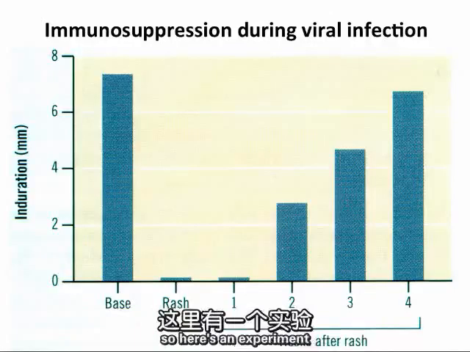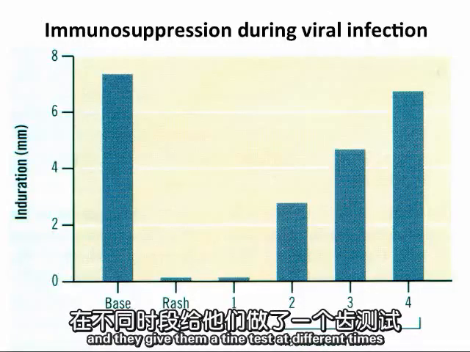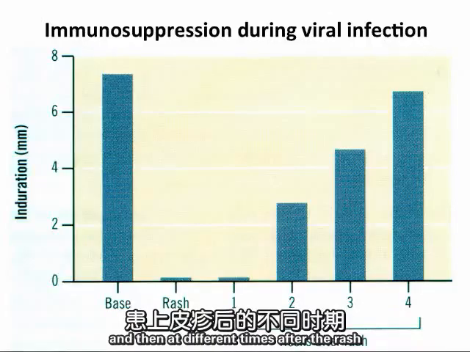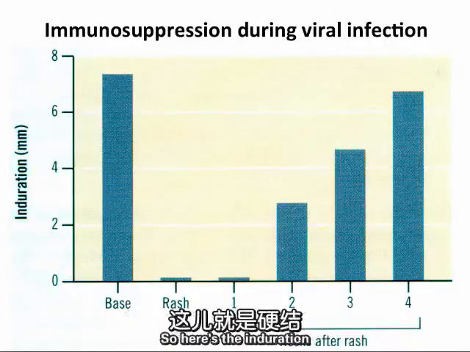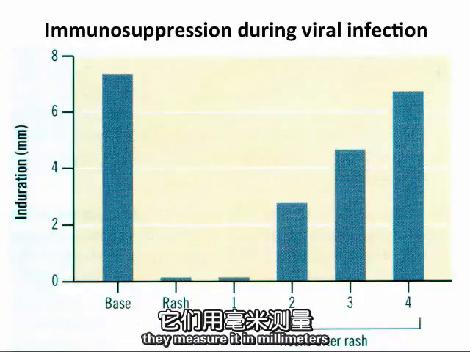All right. So here's an experiment where they took people who were incubating measles, and they gave them a TB test at different times, either before infection or before symptoms, and then at different times after the rash. So here the induration is simply the height of the bump on the arm. They measure it in millimeters.